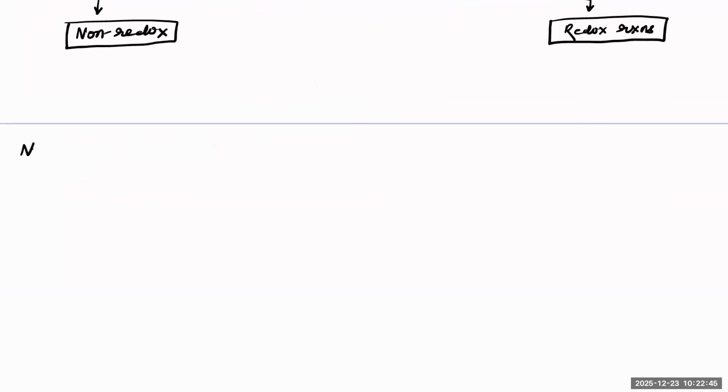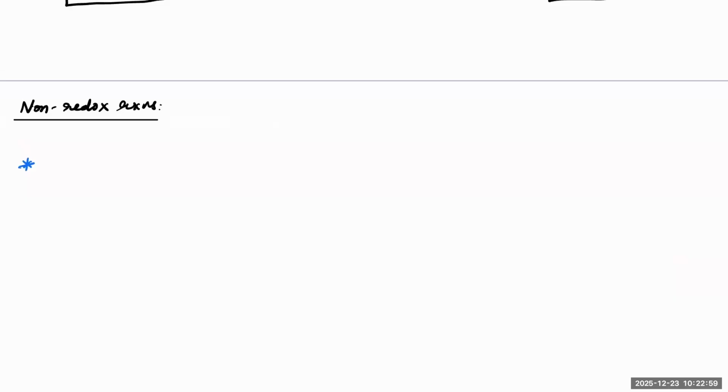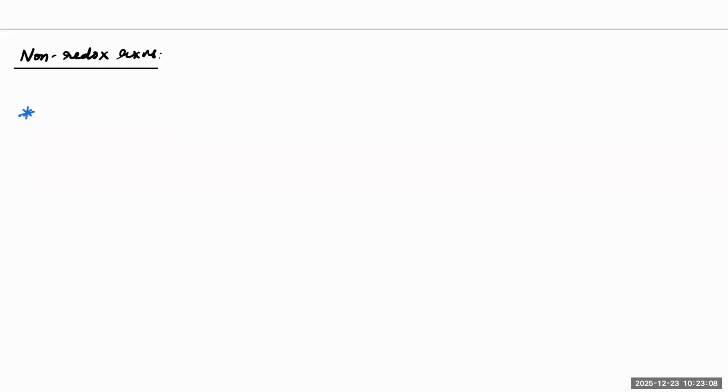Correct? Now let me first emphasize non-redox. In the case of non-redox, we can say acid-base reaction is one such kind. Acid-base reaction. Clear?